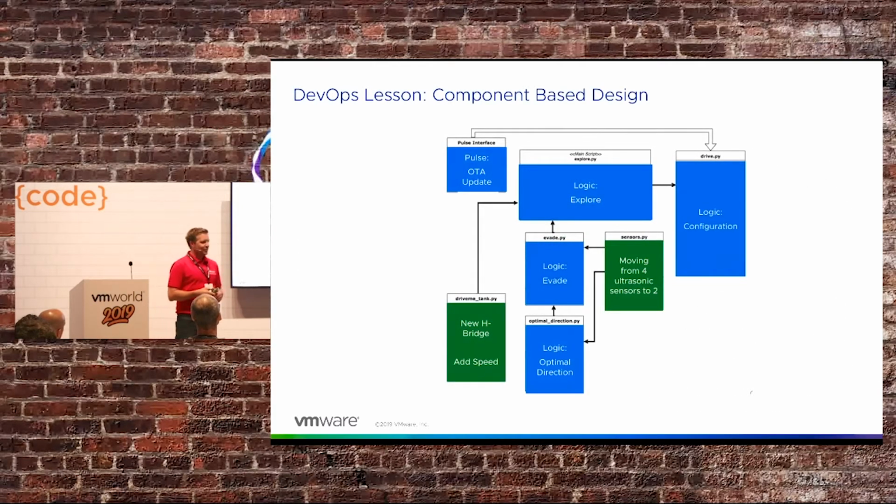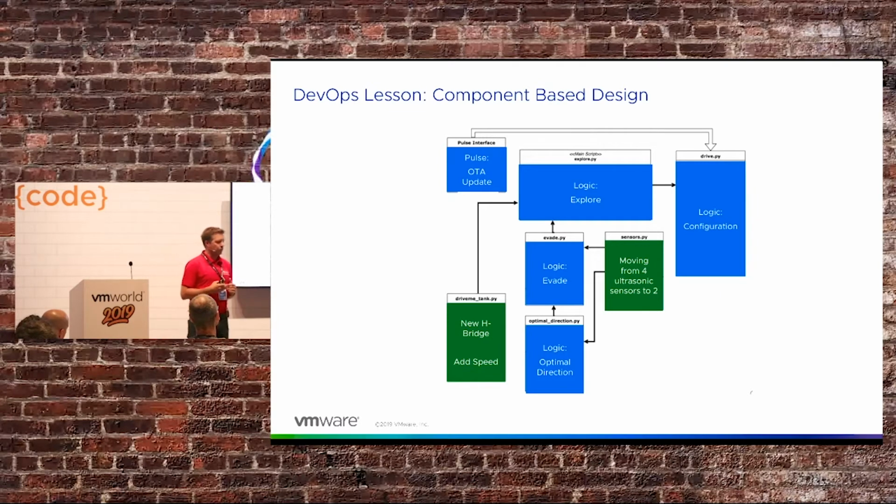Just to give you a quick overview, this is actually the code which we use, and the blue box is code that works on explore, evade, and optimal direction. We broke these out into these sections because we said earlier we couldn't get the H bridge, and we were testing in different areas.